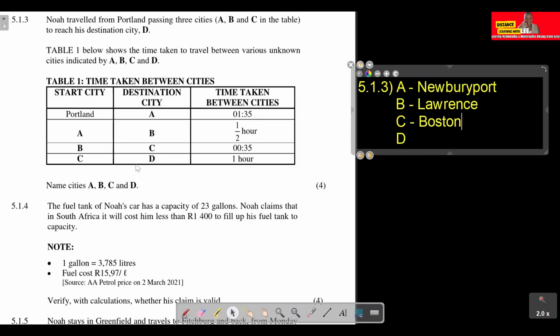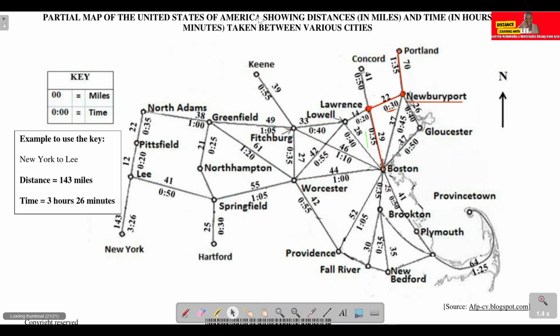And the last one, from Boston we're going to move to destination D, and it takes us 1 hour to get to that destination. So we check here for a destination that's going to take us 1 hour to get to. From here, you can see that to move from Boston to Worcester it takes us 1 hour.